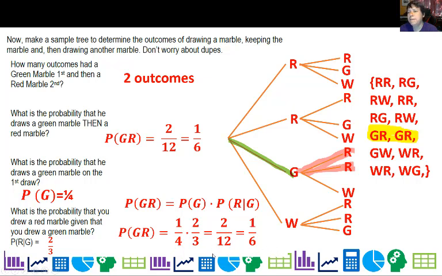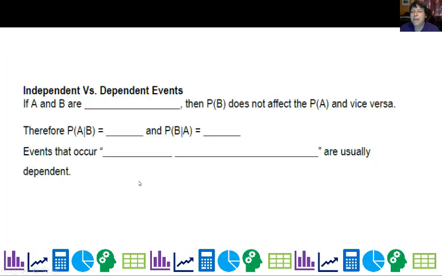And so you can see that we can do multiplication of the probabilities as long as we're cognizant of what was given, all right? So if A and B are independent, then the probability of B does not affect the probability of A and vice versa. Every time you do something, you are resetting the machine back to where it was originally, so nothing changed.